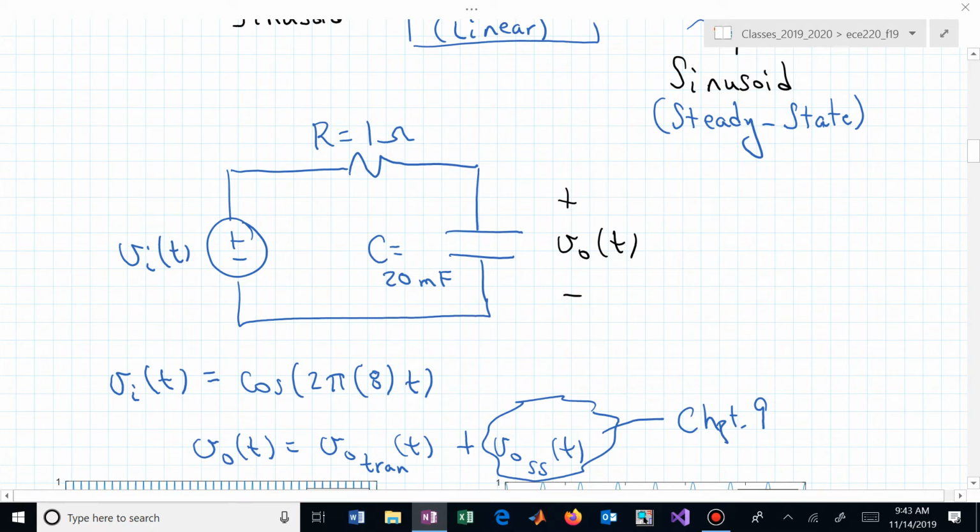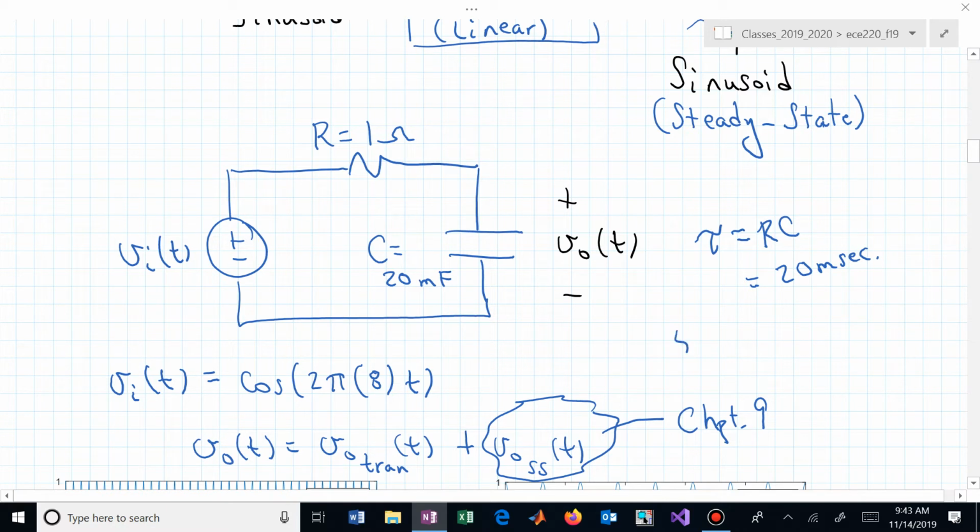And now I'm asking you for infinity. What's 5 tau? What's tau? We have an RC circuit, so in its first order we have R and C. R was 1, C was 20 millifarads, so now we have 20 milliseconds.